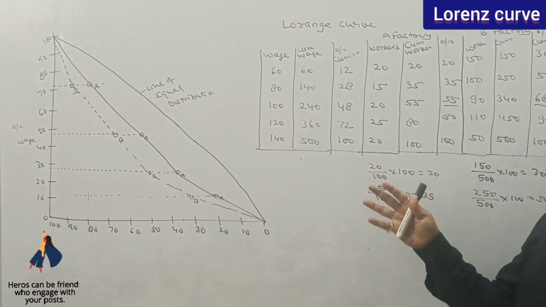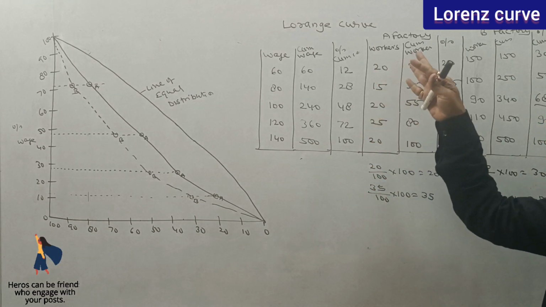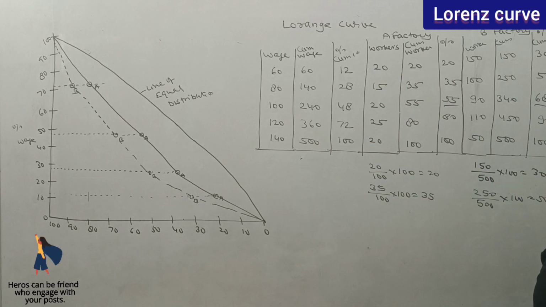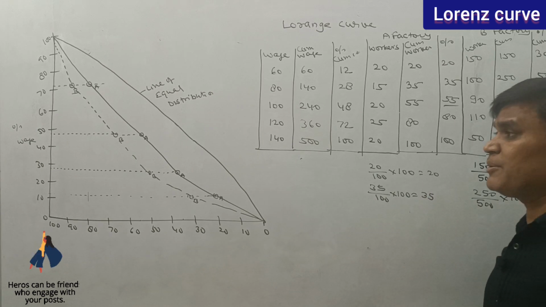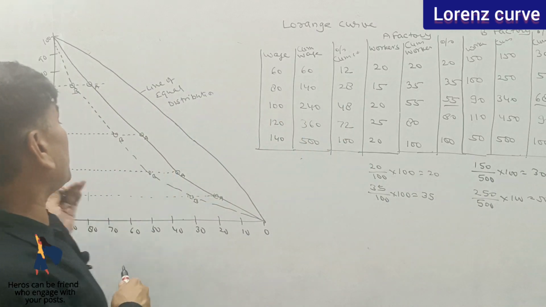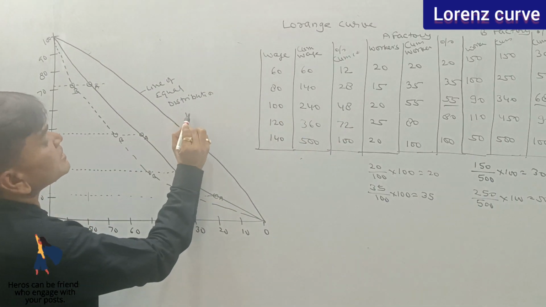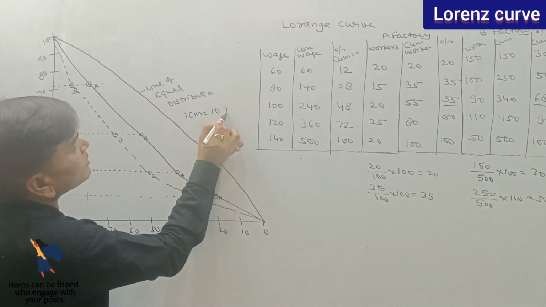For drawing the Lorentz curve, we want cumulative wage, cumulative number of workers of A firm, cumulative number of workers of B firm, and the cumulative percentage is very important because whenever we are making a graph, we want cumulative percentage. And we have taken the formula 1 centimeter is equal to 10 percentage.